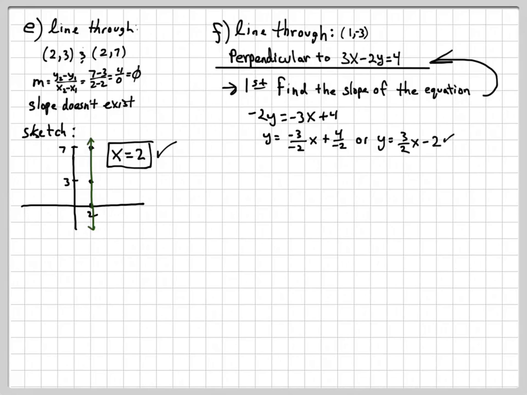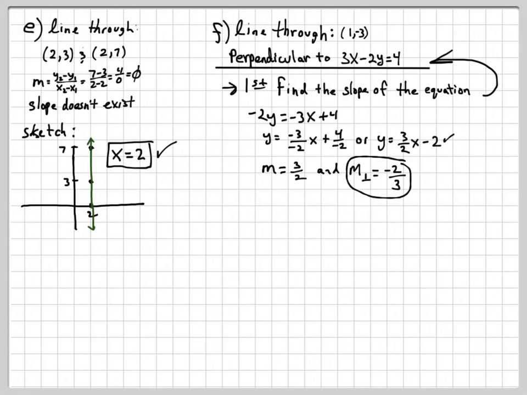So I'll get that equation in the y-intercept form, and I do that by subtracting the 3x from both sides, and then dividing by negative 2, and I simply get that y is equal to 3/2 x minus 2. Okay, so now I can figure out the slope of that equation, and that slope is 3/2.